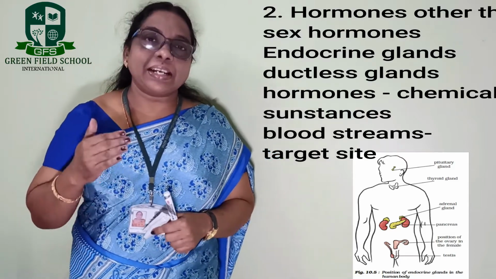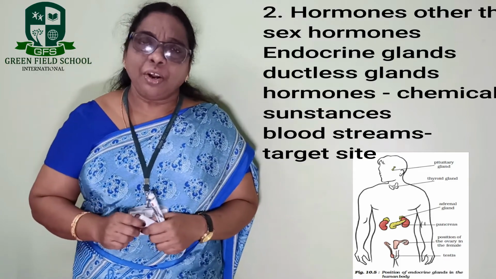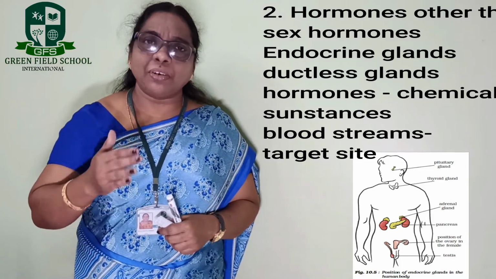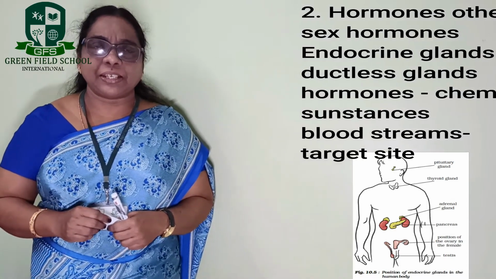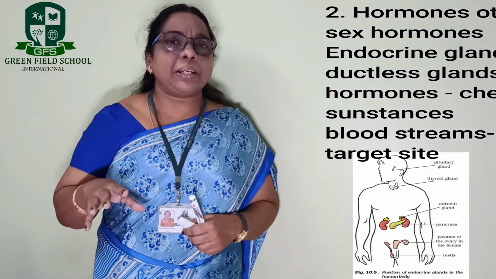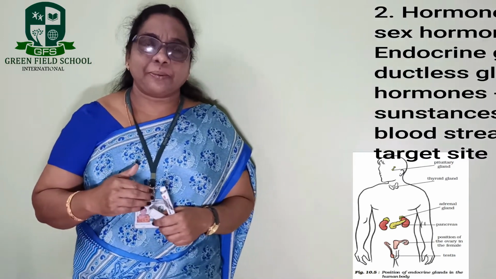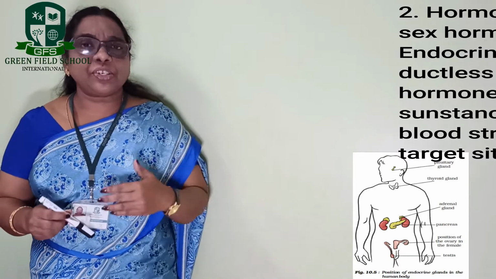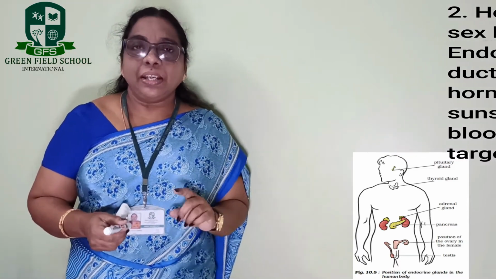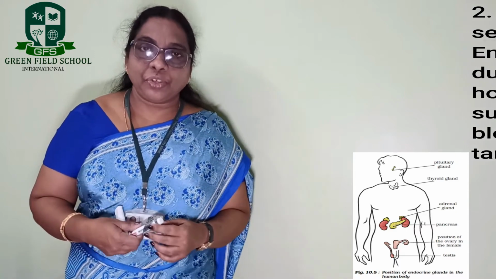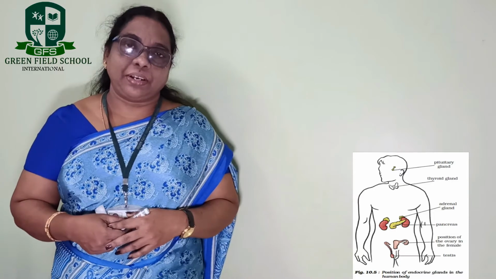These glands release chemical substances in the form of hormones. They release these hormones directly into the bloodstream, and once they reach the bloodstream, they are directed towards the target tissues, the target site, and there they show their function.